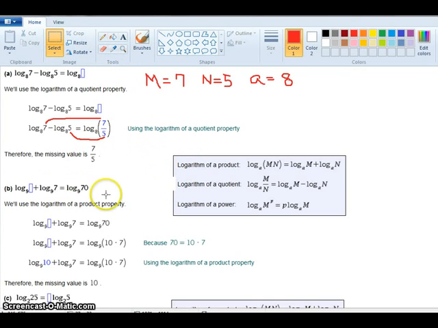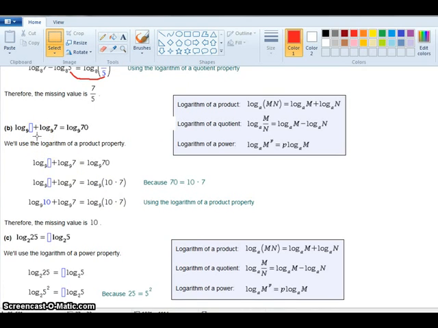Let's move on to the second question: log 9 of something plus log 9 of 7 is equal to log 9 of 70. As you can see, we have a plus here, so we're going to use the logarithm of a product to solve the equation. On the left they just copied everything down.